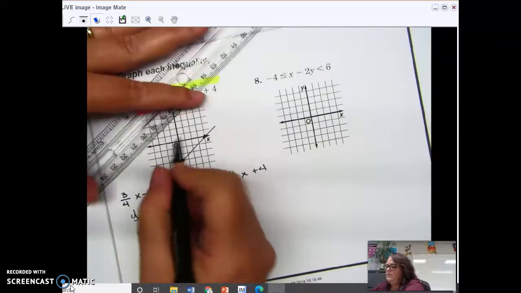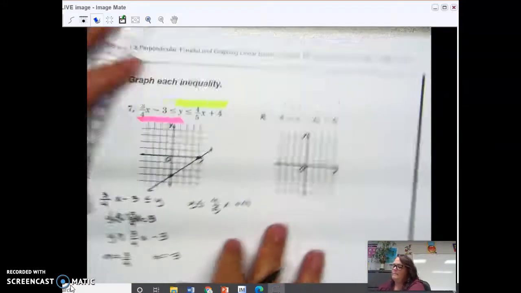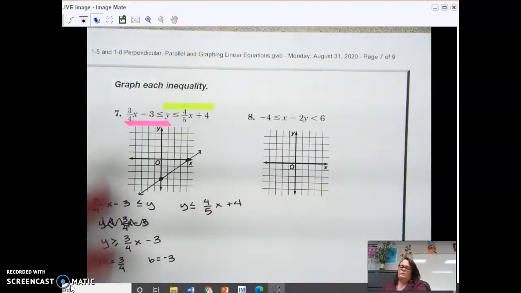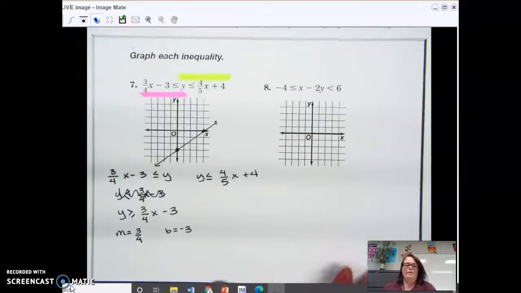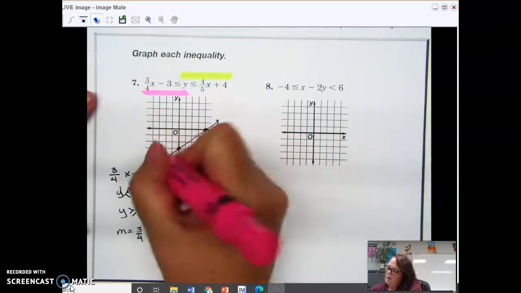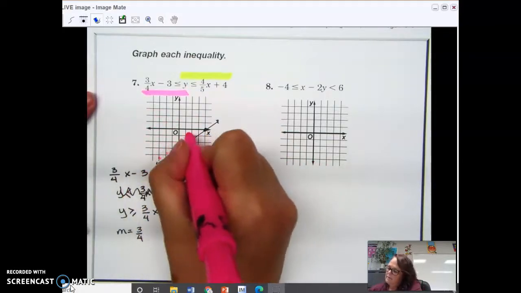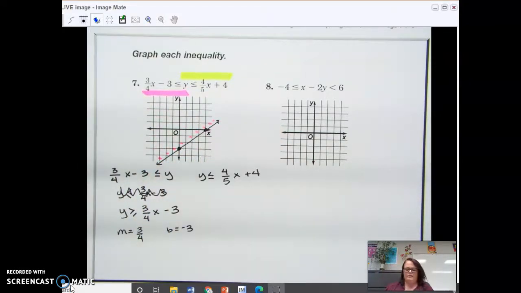Now I'm not going to go crazy on my shading yet because I don't want to make a big mess of my paper. This says greater than, so I need my shading to be above the line. And if I remember correctly, this graph is kind of weird, so I might have to extend some things in a minute.